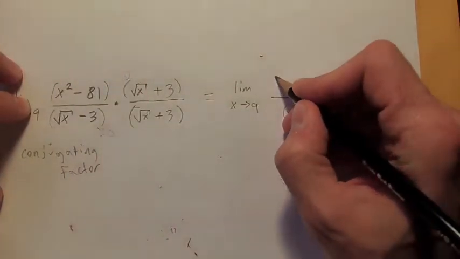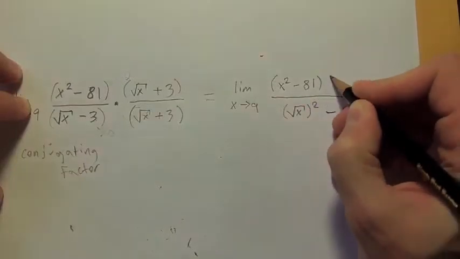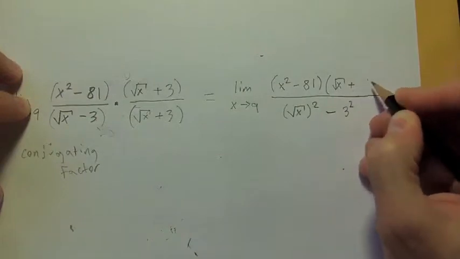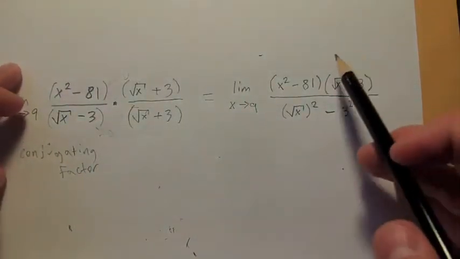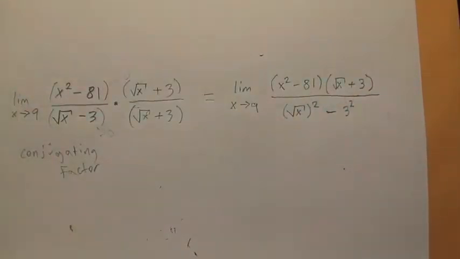And for the numerator, what I'm going to do is just leave it alone. By leave it alone, I mean I'm not going to multiply it out. So with these square root type problems where you use a conjugating factor, there's going to be one piece that you will actually multiply out and that will help you, and one you're actually not going to multiply out.